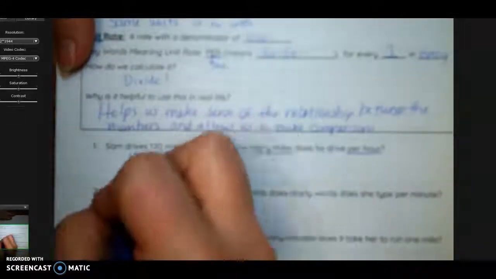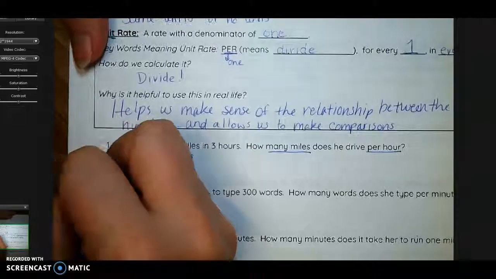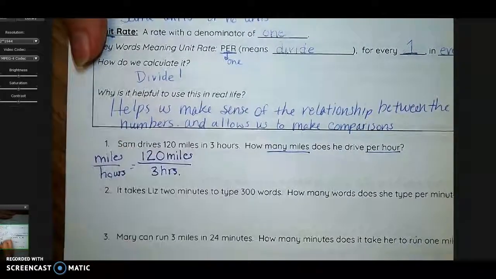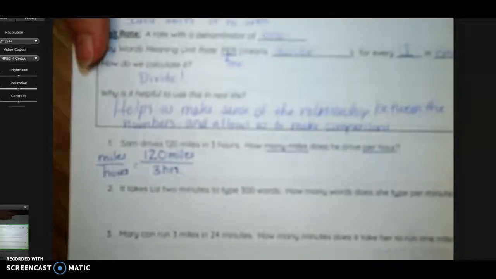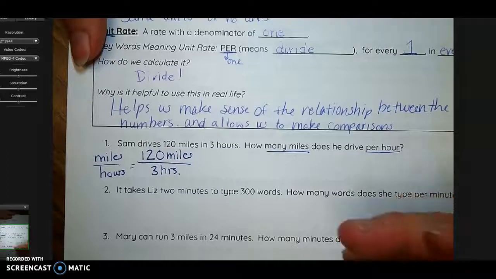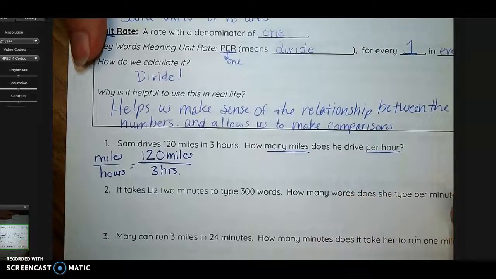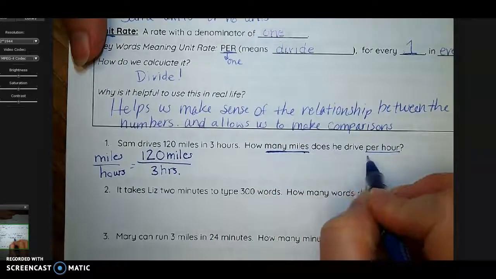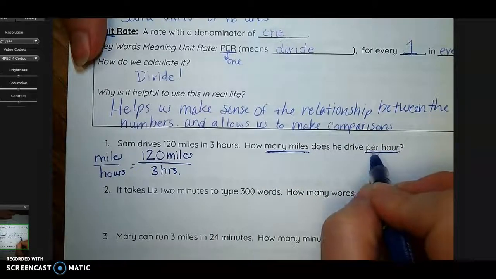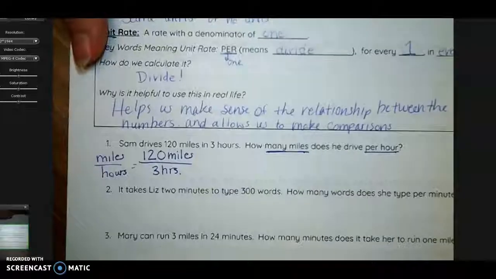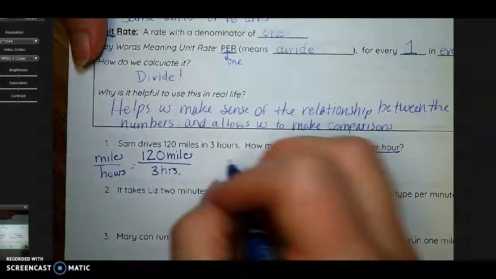So that's how I knew to put the miles over the hours. So any word problem I'm looking at, because they could flip that. They could have said, how many hours does it take to drive 1 mile? So they could flip that. So you always want to look for, this is going to be the top. And then as soon as I see that per, that's like the division sign, the fraction bar. And then the other one is going to go on the bottom, on the denominator.